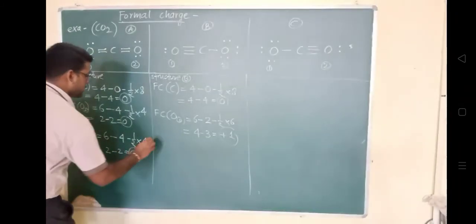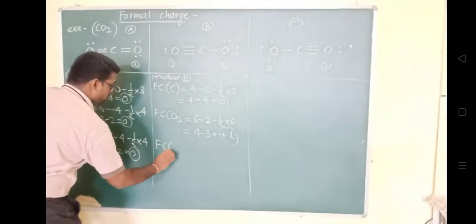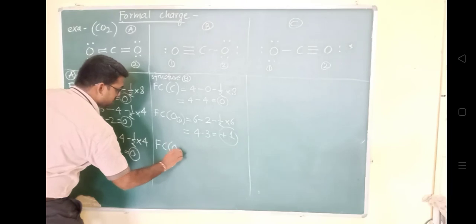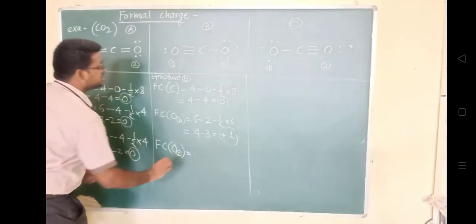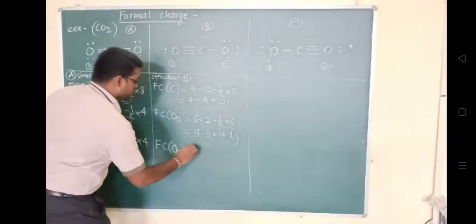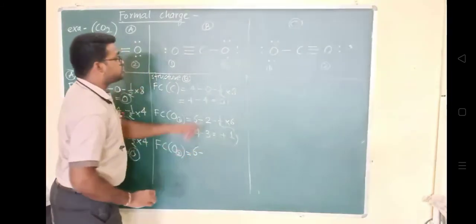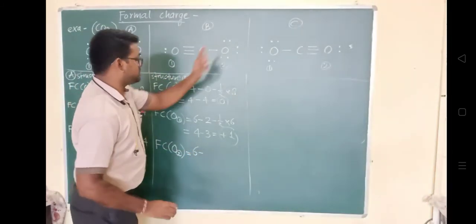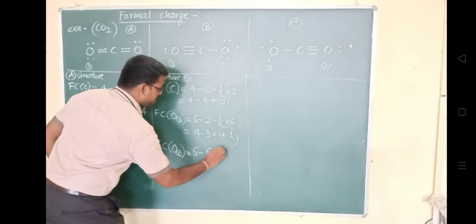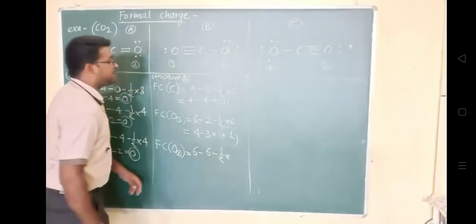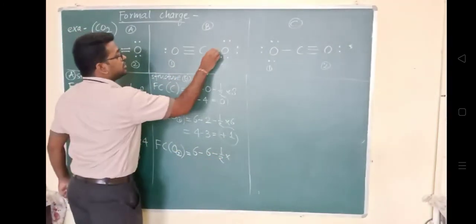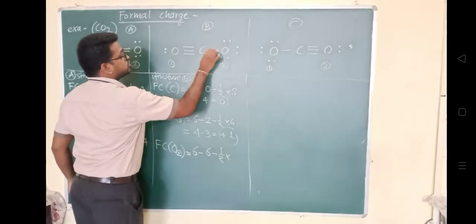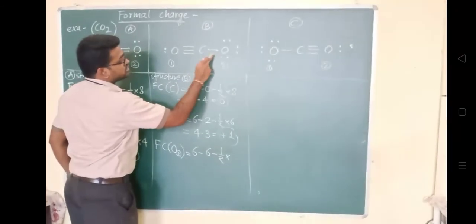Now next, the formal charge on the second oxygen atom. The second oxygen atom is this. Total 6 valence electrons minus non-bonded 1 2 3 4 5 6, 6 are non-bonded, minus 1 by 2 multiplied by how many are bonded? So 1 and 2, 2 electrons which are bonded.